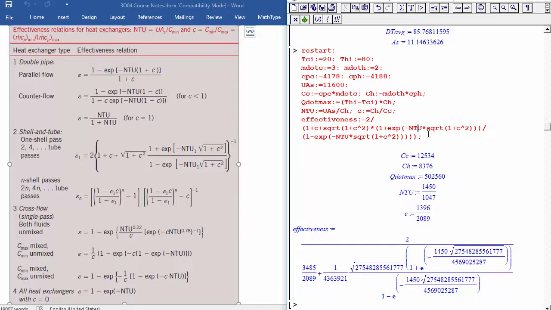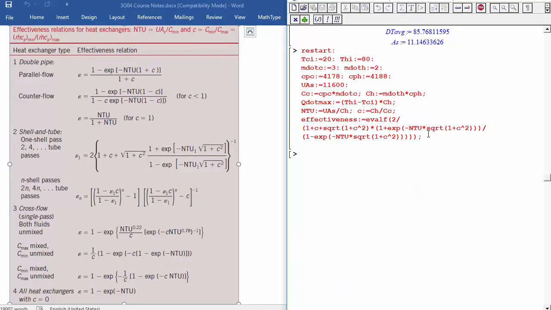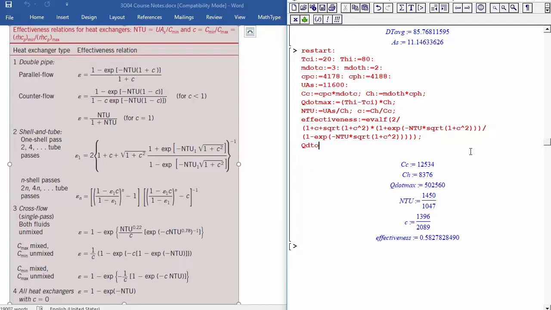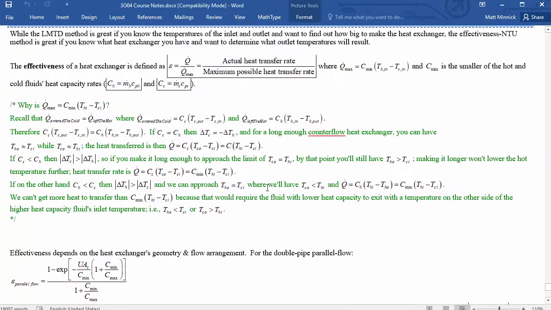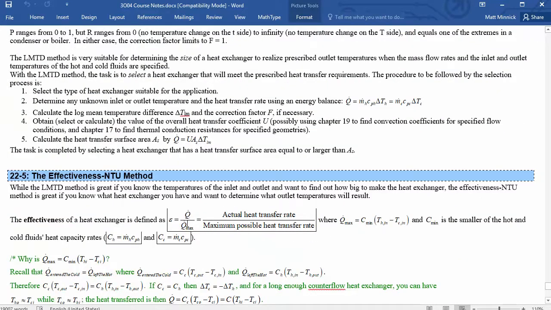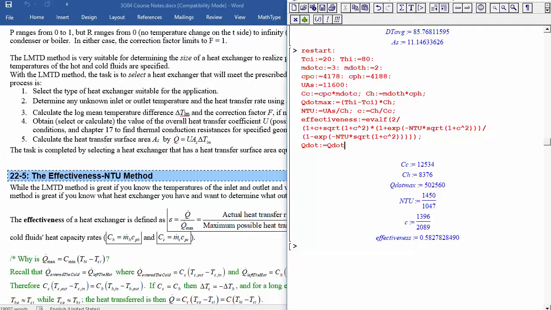Suppose we need an eval around that. Okay, so effectiveness of about 58%. And now that we've got that, we can figure out the actual Q dot by multiplying the effectiveness by Q dot max. And so that's a lower heat transfer rate than the maximum one, makes sense.